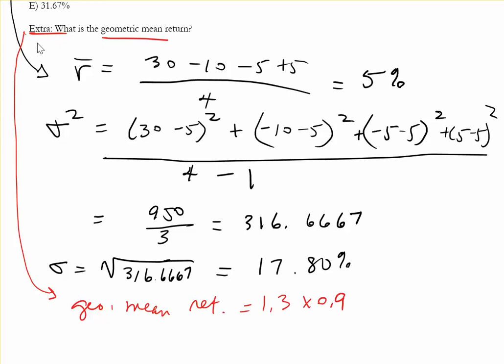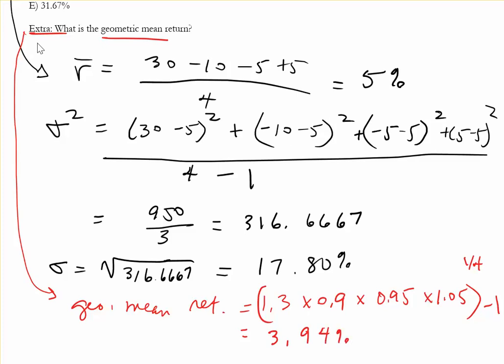So 1 minus 0.1 is 0.9, 1 minus 0.05 is 0.95, and then 1 plus 5% is 1.05, and then we raise it to the 1 over number of periods and subtract off the 1. So if you do all that, you get 1.3 times 0.9 times 0.95 times 1.05 raised to the 0.25 minus 1. I get 3.94% as the geometric mean.